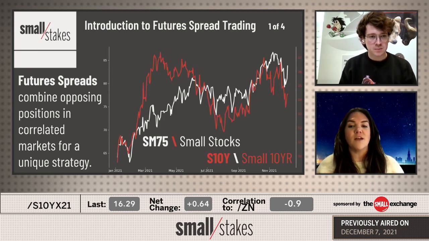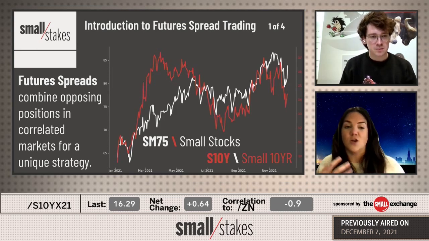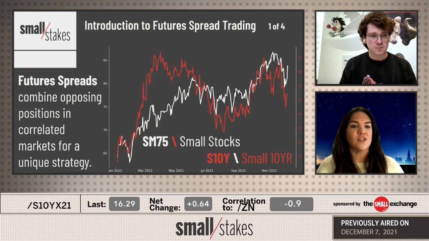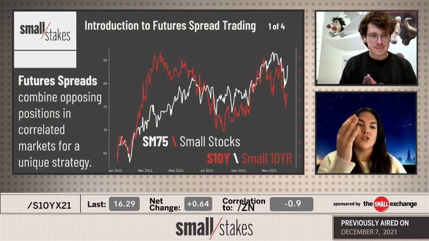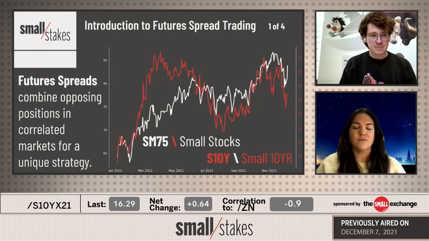And the last piece is what constitutes a correlation in our eyes. That definition can vary because, as we know, correlations ebb and flow over time. But typically, if I'm looking to put on a spread trade, I want something with a relatively strong, high positive correlation or a relatively strong, high negative correlation.